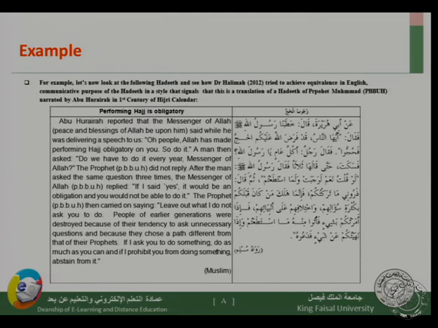So what the translator here tried to achieve was not only the equivalence in English, not only the communicative purpose, but also to convey or transfer or translate the style, which is impossible. But Halimah tried his best to achieve these three elements of translating a text. Now let's take just the first bit.